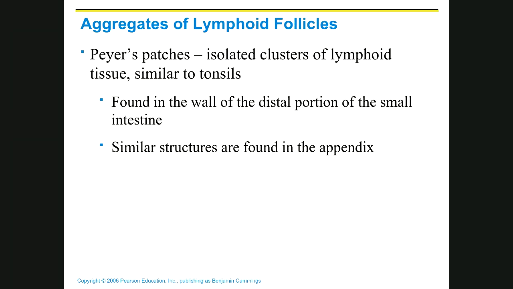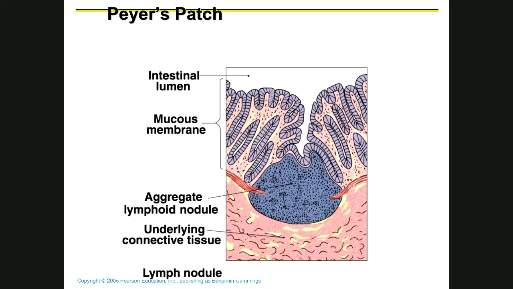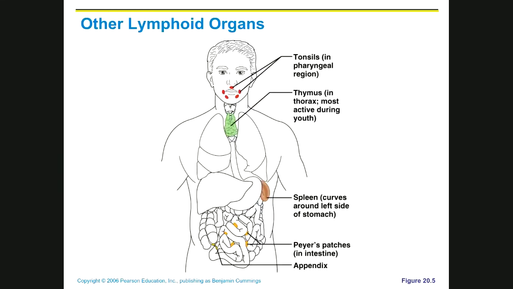We also have sort of tonsils in our intestines. They're not called tonsils though, they're called Peyer's patches, but they're very, very similar to tonsils. And so when you look at a Peyer's patch, there's a bunch of them. All of these are Peyer's patches.